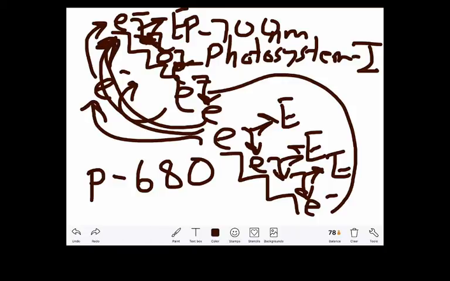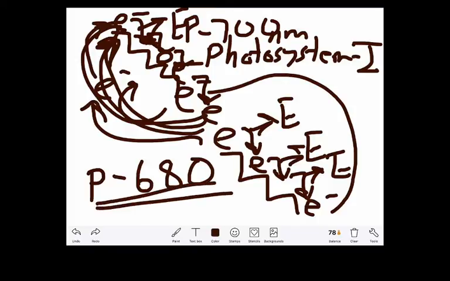That's why photosystem 1 is the cyclic pathway. It can recycle electrons, whereas the P680, photosystem number 2, cannot recycle electrons. Its electrons are going to photosystem 1.